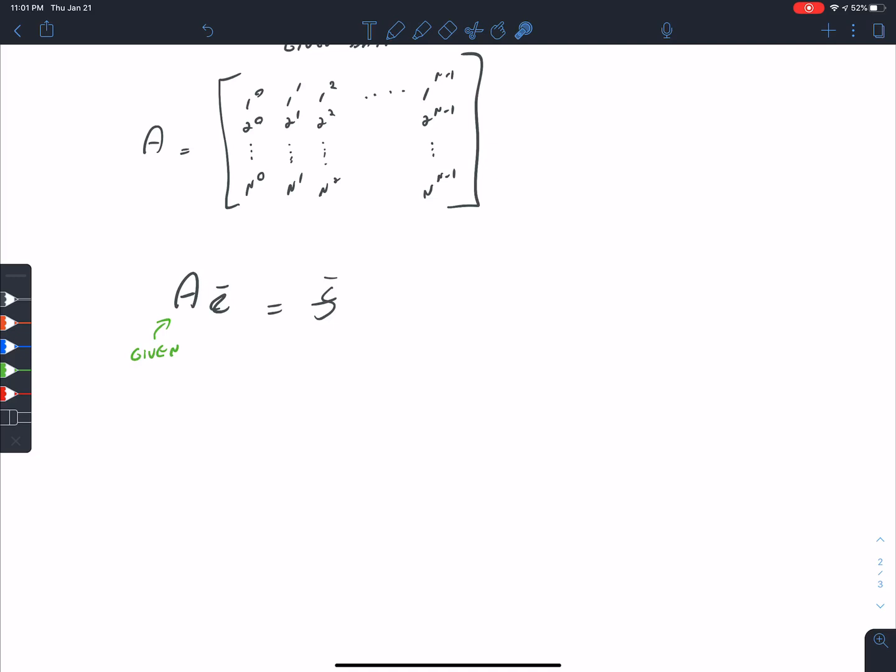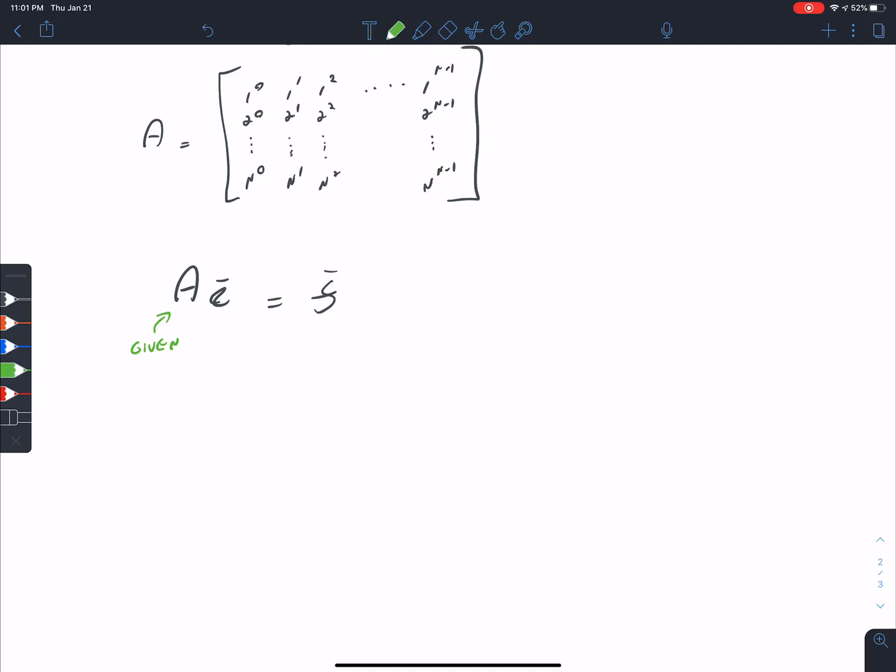This vector c is our vector of unknown coefficients of the polynomial. And essentially f here is our data given.